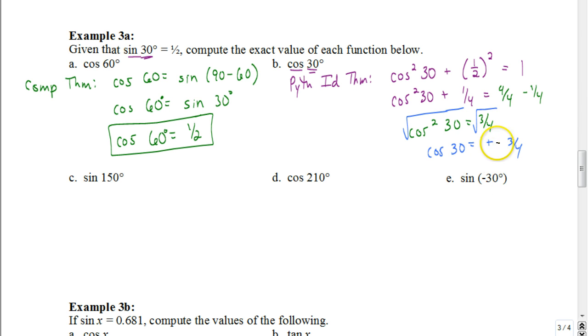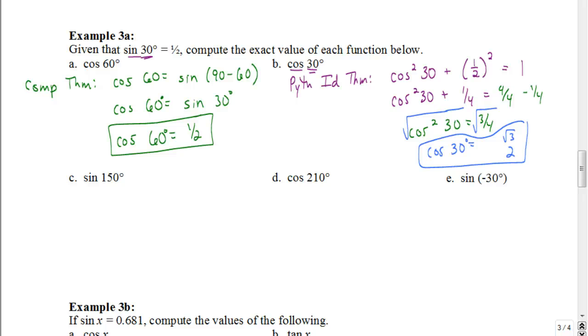All we care about is a positive. And I don't want to leave this as a square root of 3/4, so I'm going to take the square root of what I can. I can't take the square root of 3, but I can take the square root of 4. That's going to be 2. So my answer here is going to be the square root of 3 over 2, and it's a positive value. So the cosine of 30 degrees is the square root of 3 over 2. And we use the Pythagorean identity theorem to give us that answer.